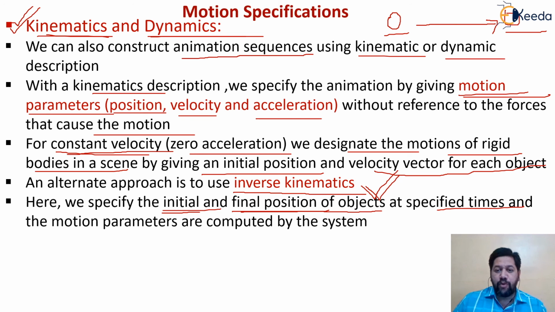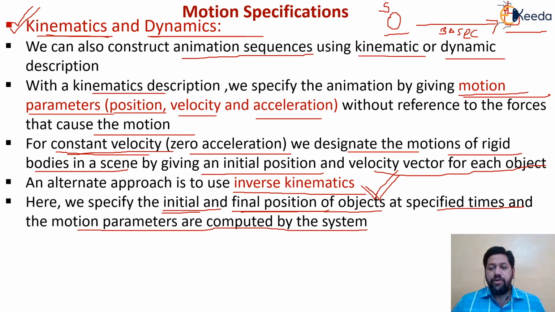Suppose I specify that this motion should be shown in 30 seconds, that is, the time required for the object to move is 30 seconds. So I'm giving the start position, the end position, this much length, and I want to show the object running from the source position to the destination position in 30 seconds.